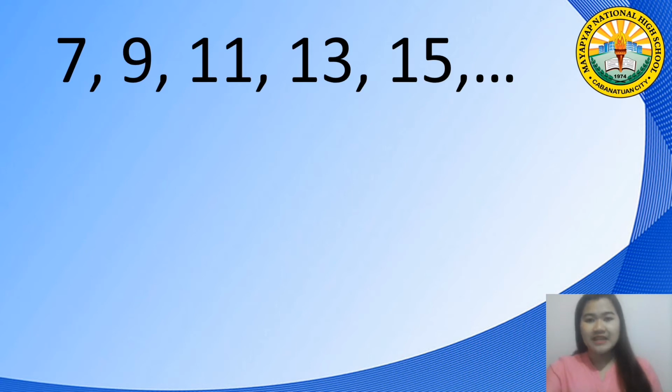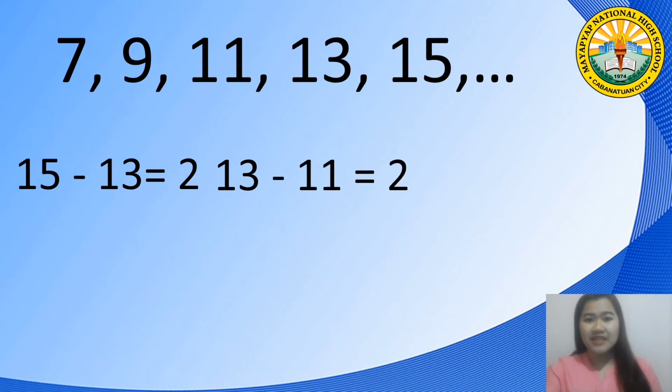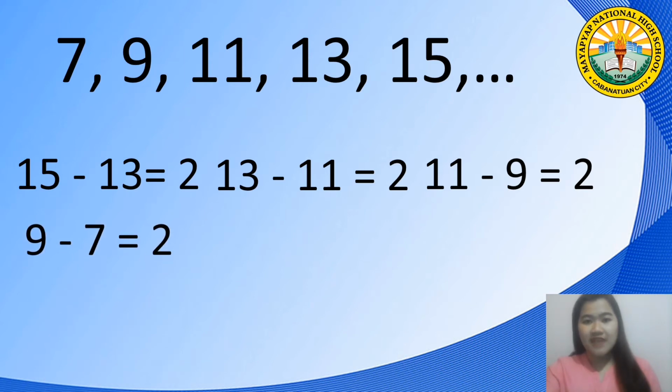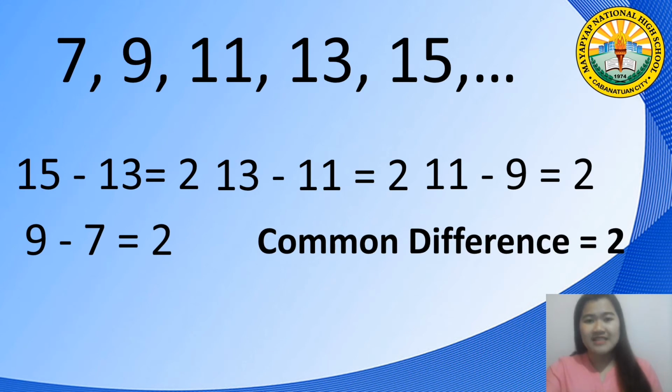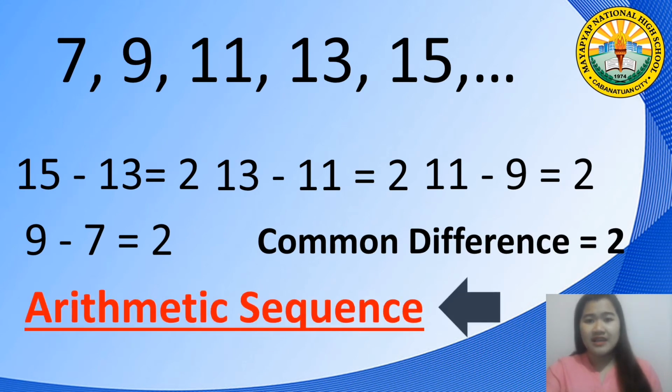As we can see, if we subtract the preceding term from the succeeding term, we have 15 minus 13 is equal to 2. 13 minus 11 is equal to 2. 11 minus 9 is equal to 2. 9 minus 7 is also equal to 2. Therefore, we can say that the common difference is equal to 2. Thus, it is an arithmetic sequence.